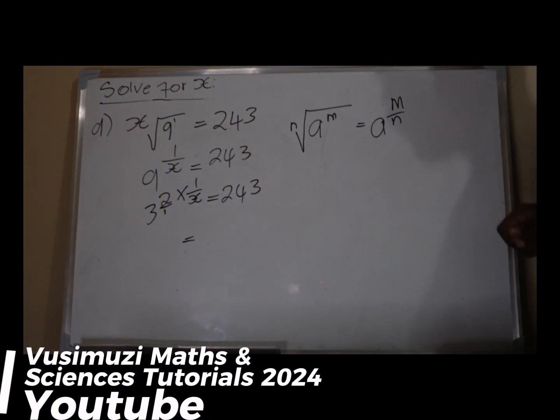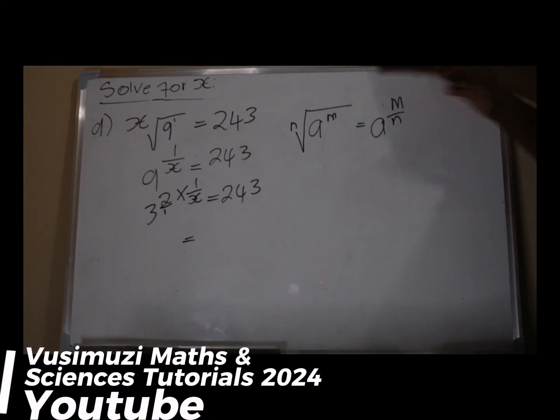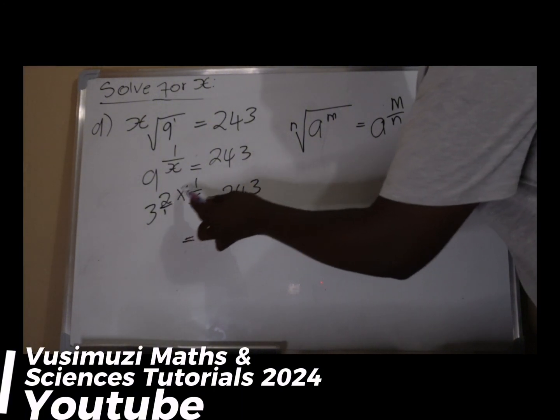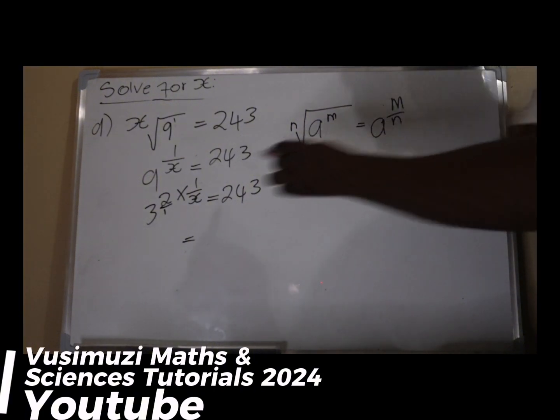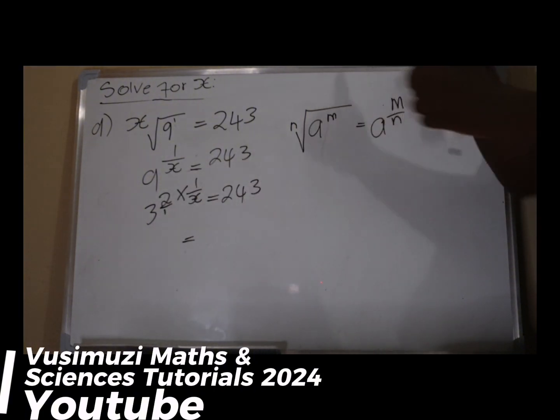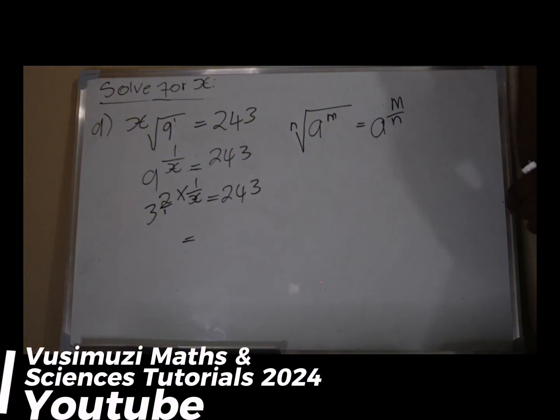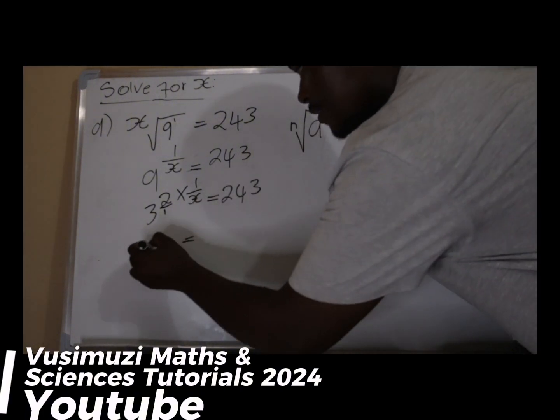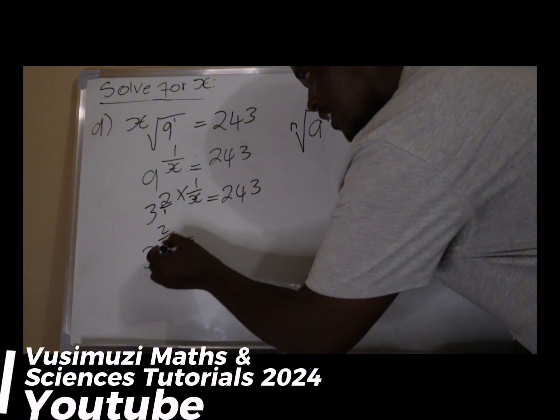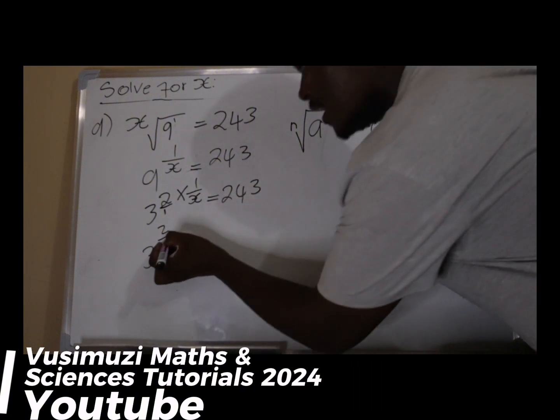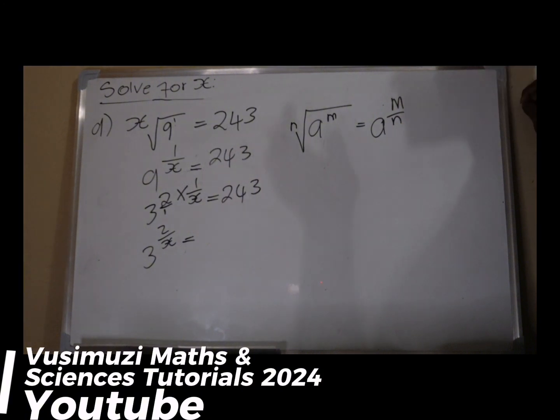It will be wrong. In this case, just combine them. Numerator times numerator, denominator times denominator. If this is our exponent, multiply this by the exponent, to be left with only one exponent, not 2 exponents. 3 to the power 2 times 1 is 2, 1 times x is x. That's how you do it. Because of this x, you can't do reciprocals.